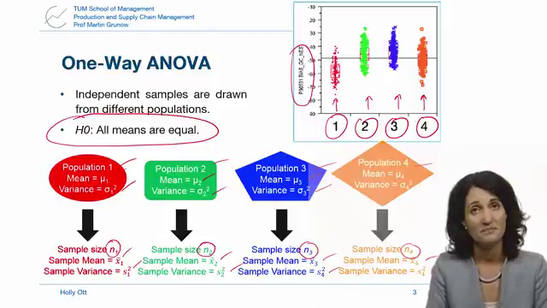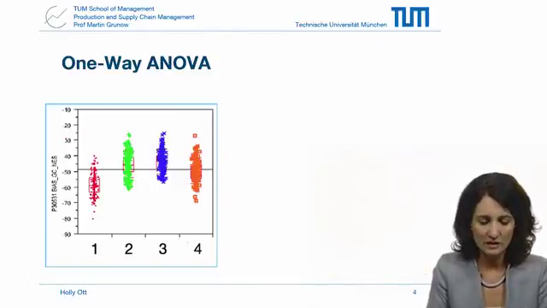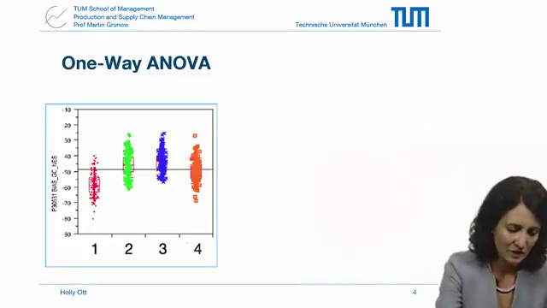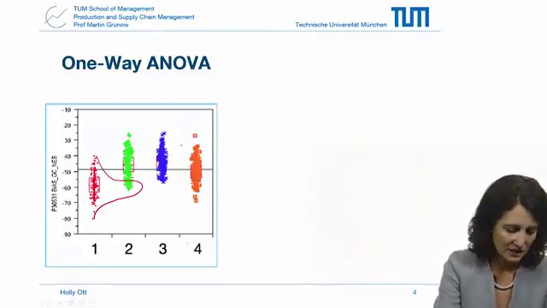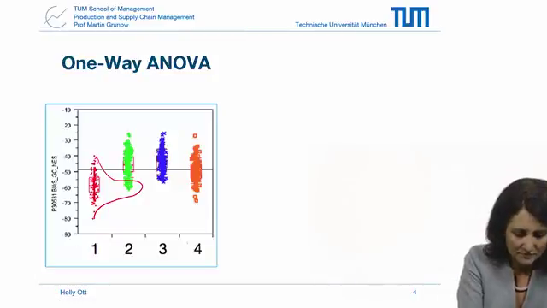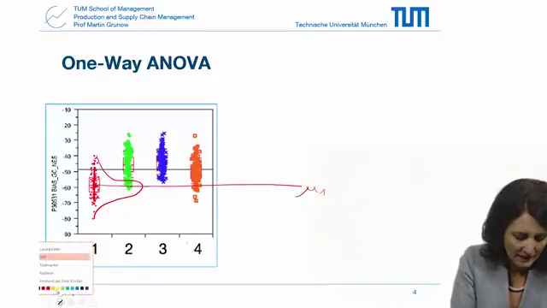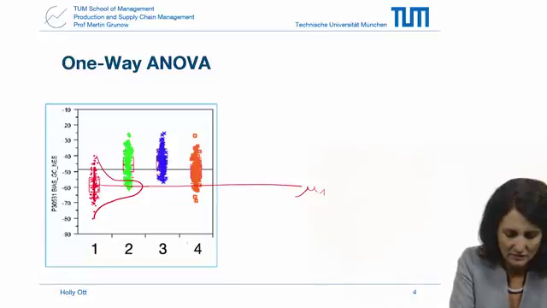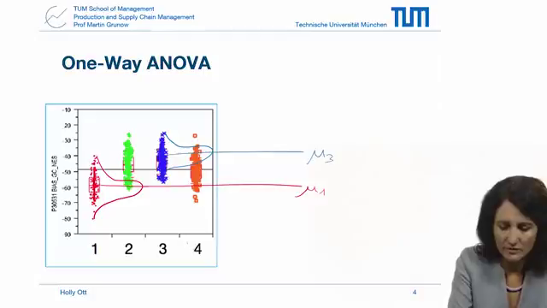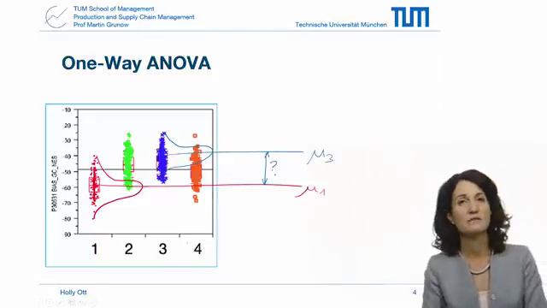Now, what does that mean? So here's our picture again, and if we drew, like we did in the last lecture, each of these populations, for example, this has a certain mean, mu1, and the blue population here, if we were modeling this, would have a mu3. So the question is, are these means different?